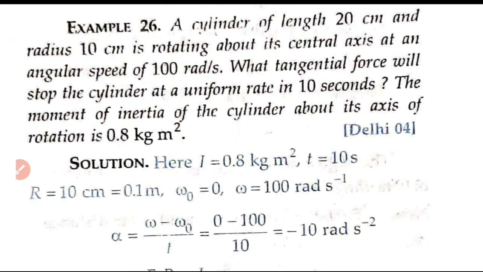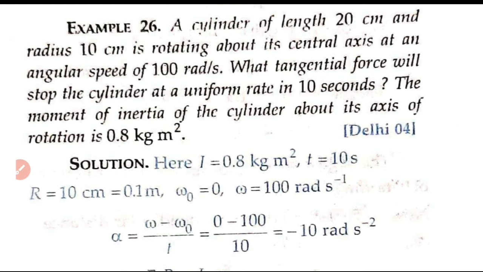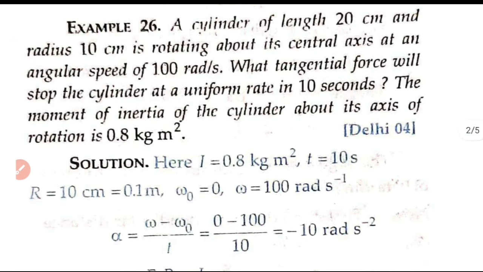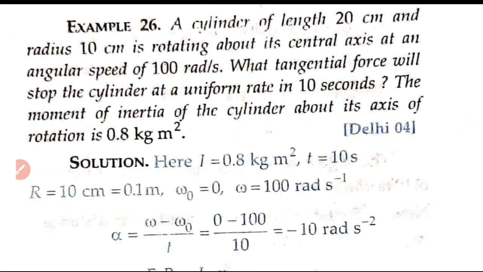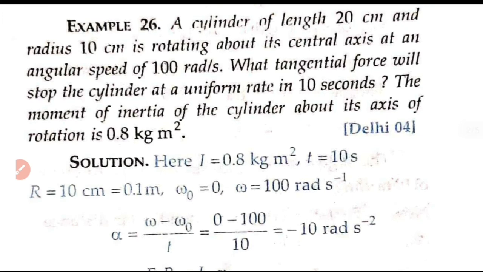So omega 0 is 100 and omega is 0, and the time given is 10 seconds. So from that data we can easily calculate alpha. So we have alpha equal to omega minus omega 0 by t. So we have minus 10 radian per second square, and we are asked to calculate the force.